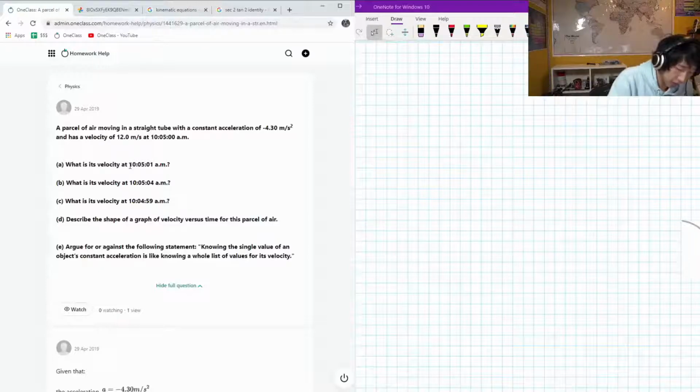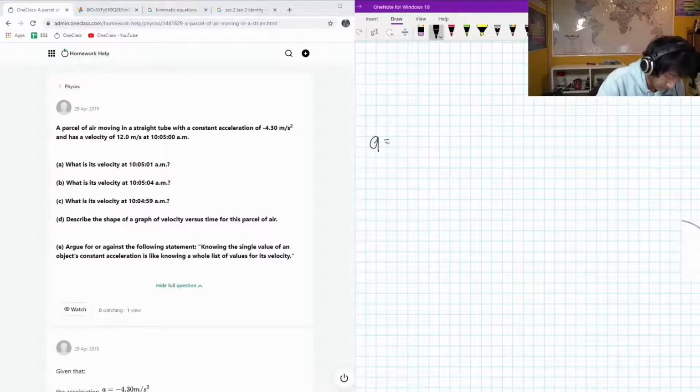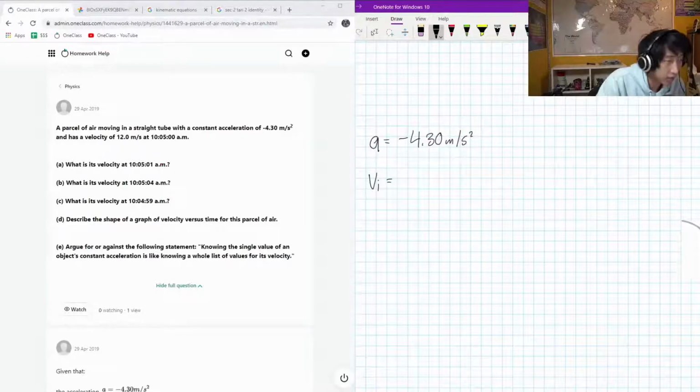Okay, so let's actually draw out some of the given information that we have here. Our acceleration is negative 4.30 meters per second squared. Our initial velocity, let's call that VI for initial, is going to be positive 12.0 meters per second.